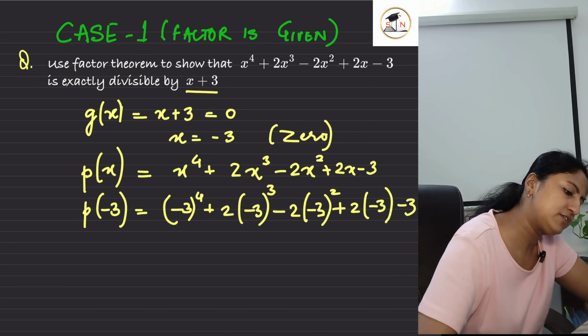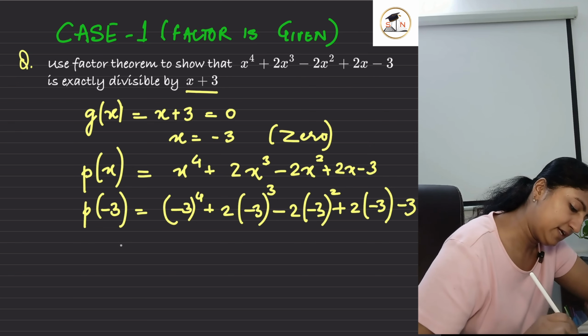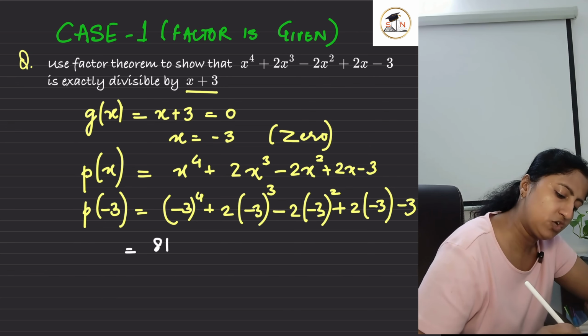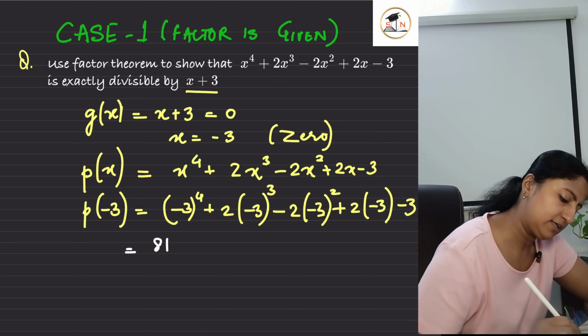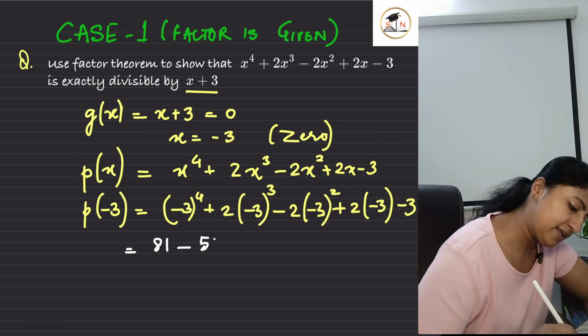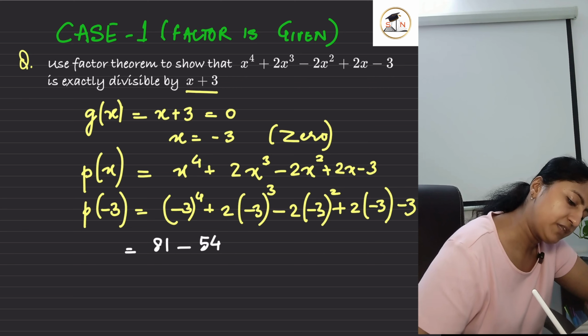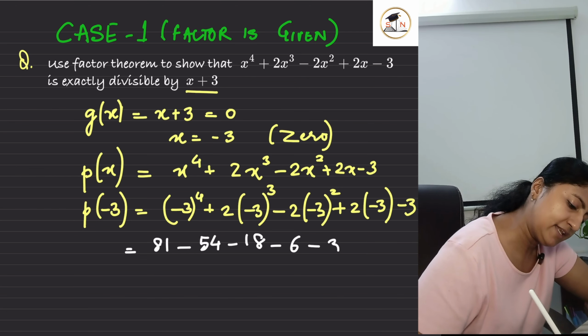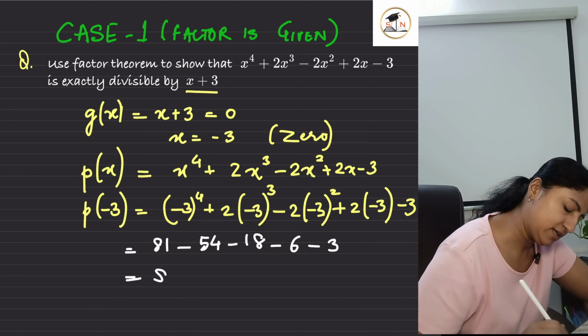Now we will start solving it and it gives us 81. Negative 3 cube is negative 27 times 2 becomes negative 54. Negative 3 square is 9, becomes negative 18. Negative 6, negative 3.